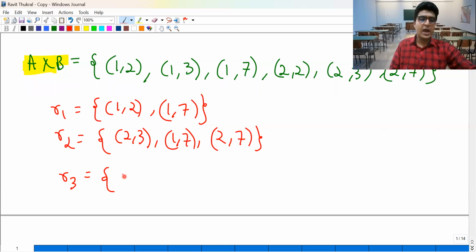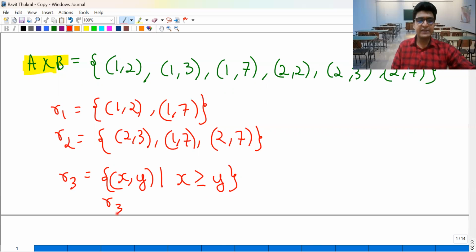I can say that this relation should have ordered pairs such that x is more than or equal to y. Okay, we can create such a relation.